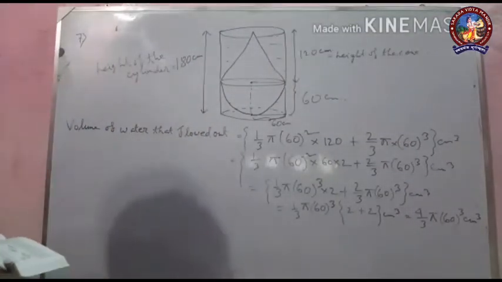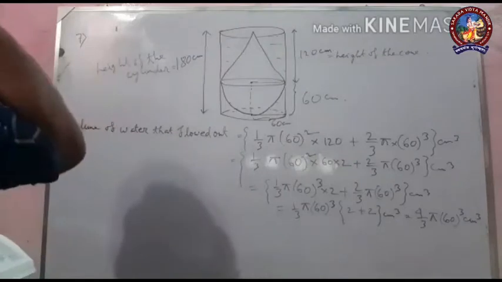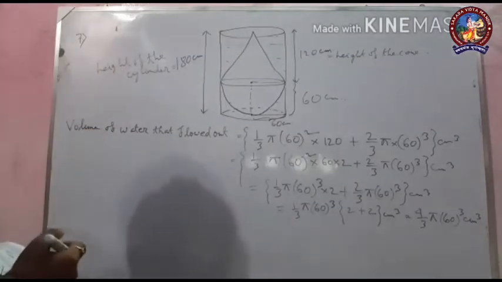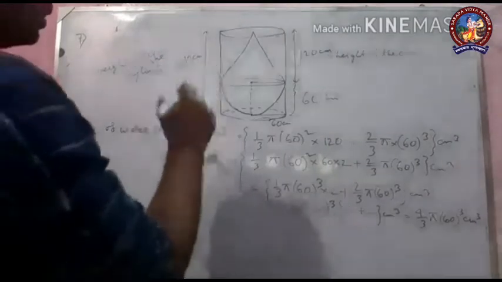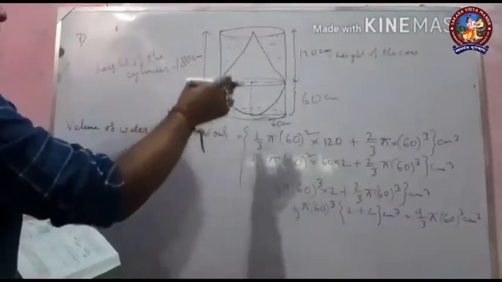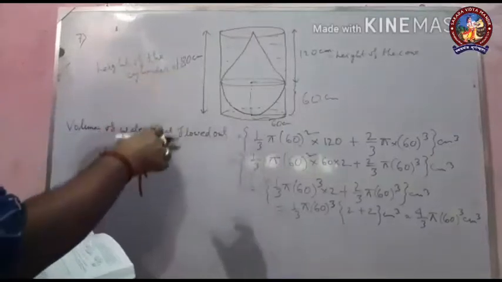Okay. Now I have to calculate the initial volume of the cylinder when the cone and hemisphere were not in it.